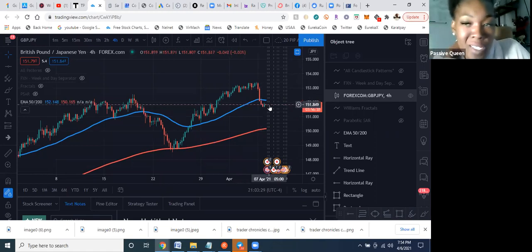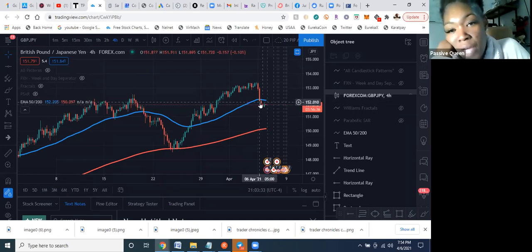When you know that she's going the opposite way, you gotta wait to see her reaction, right? Because she then came down and came past. She started consolidating here. You want to see one or two things. You want to see her come back up to this 50 and respect it and come back down. Then that means she's gonna come back down to this 200.